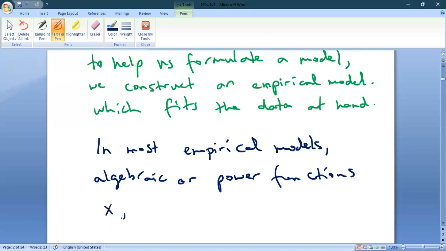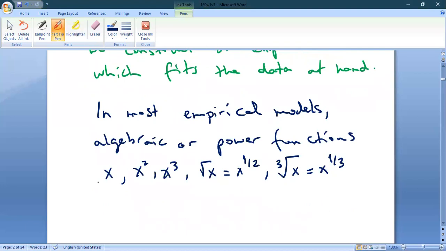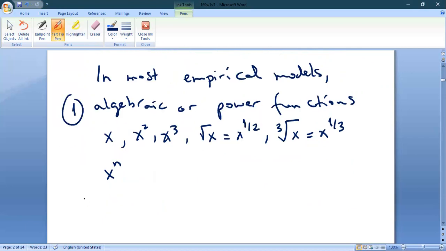These are x, x squared, x cubed, or square root of x, which is also x to the 1 over 2, or let's say cubic root of x, which is x to the 1 over 3, or any kind of power function like x to the n. Okay, so these are one type of elementary functions.